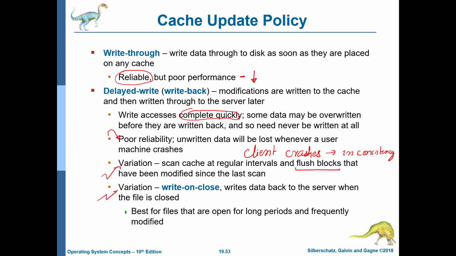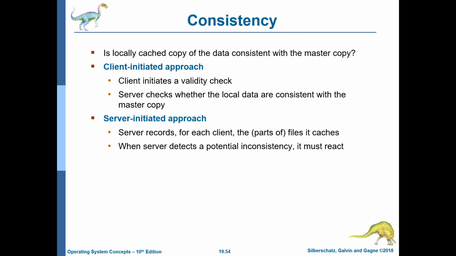The other is the Unix like approach, which I was mentioning a few slides earlier, which is write on close, which basically means we write data back to the server when the file is closed. That is when we do a bulk write. This is what a traditional file system that follows Unix semantics would do. This is also best for files that are open for very long periods, seldom shared, yet frequently modified.